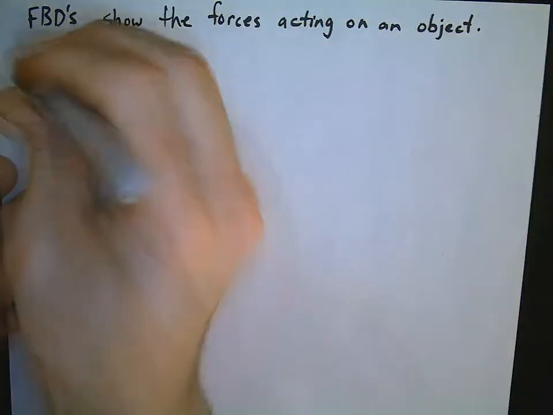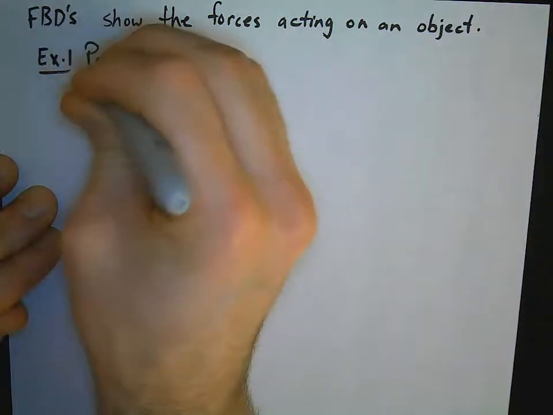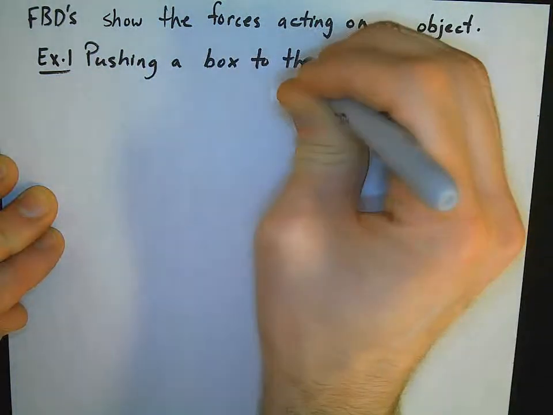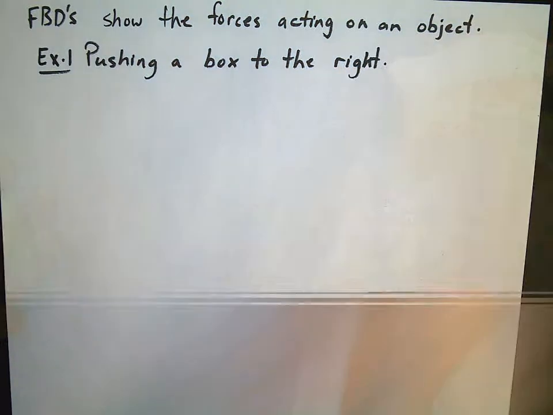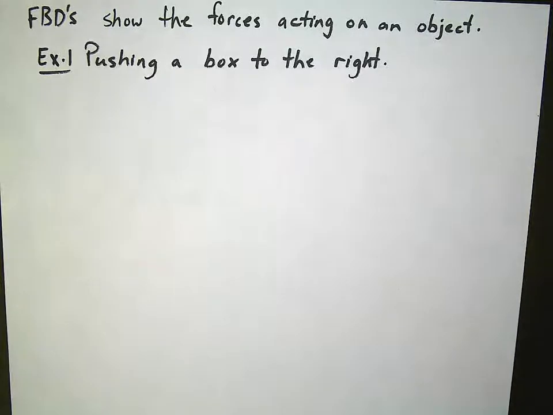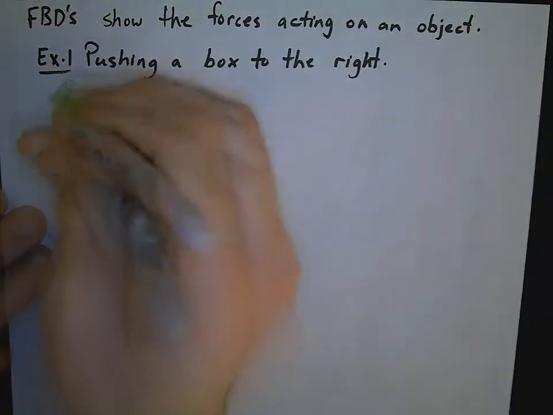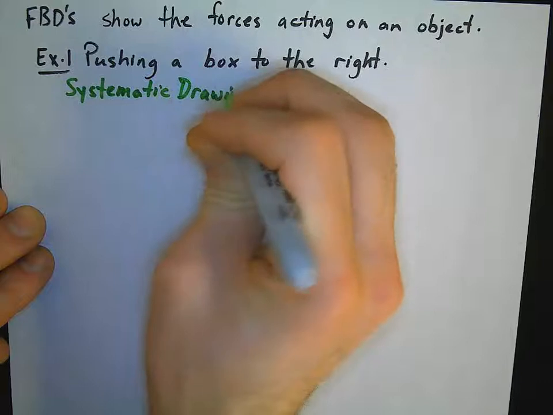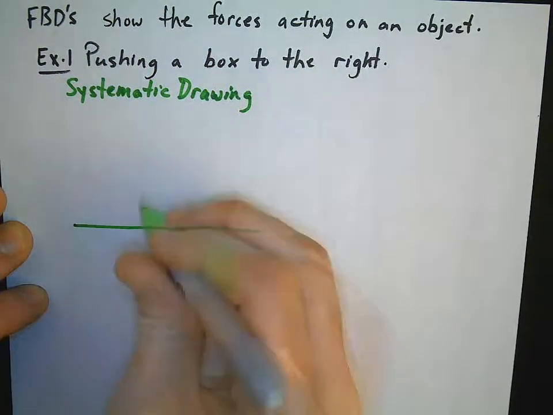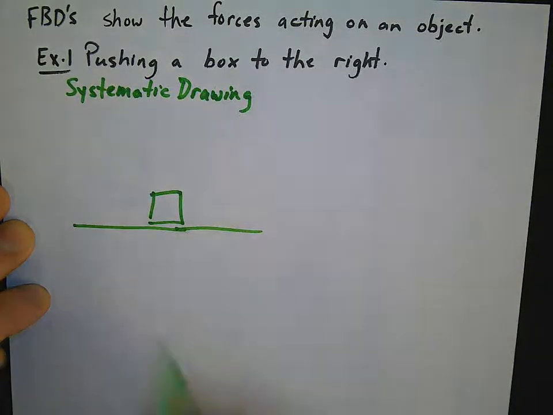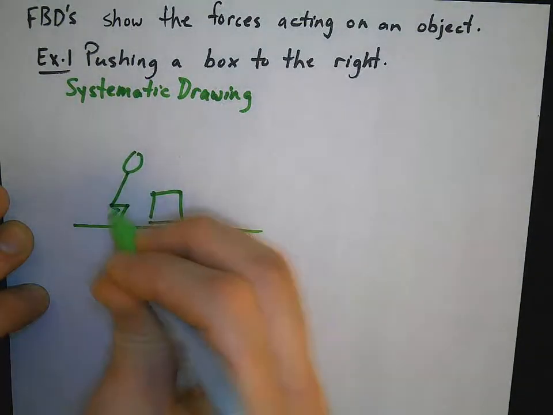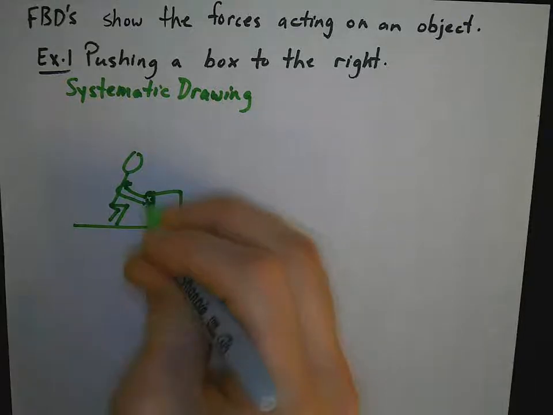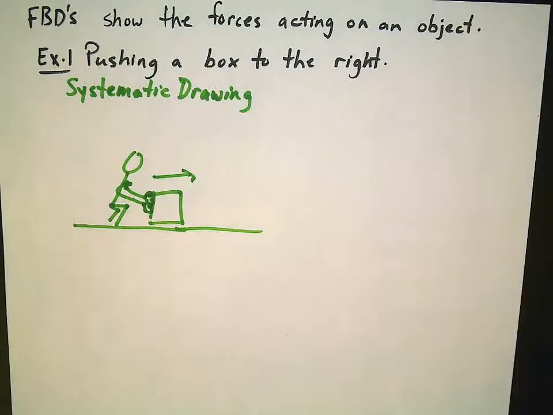So for example, if I was to push an object to the right, if I drew a systematic drawing, we would see that we have a box on the ground, and there would be some person, let me make sure that they have a hand, that's actually pushing that object to the right.